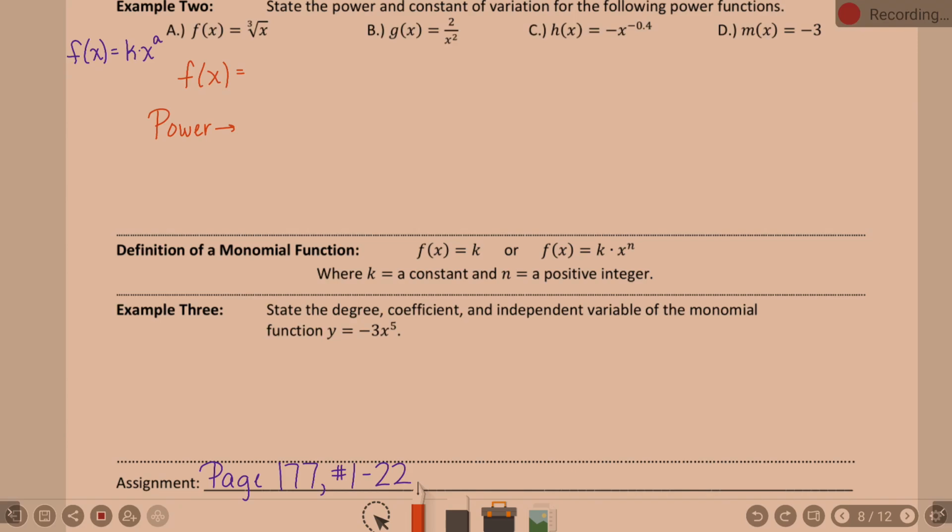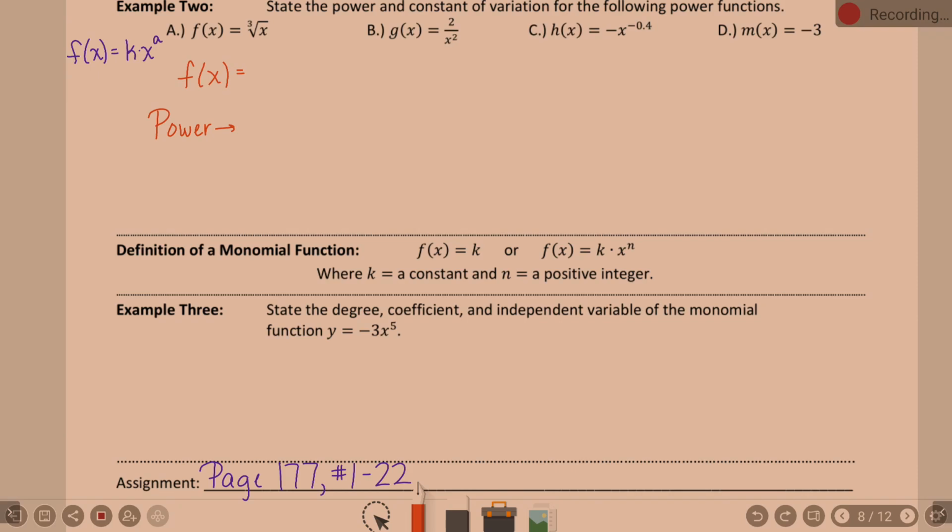What's the power? Not to the third. The 1/3. Does this ring a bell here, folks?